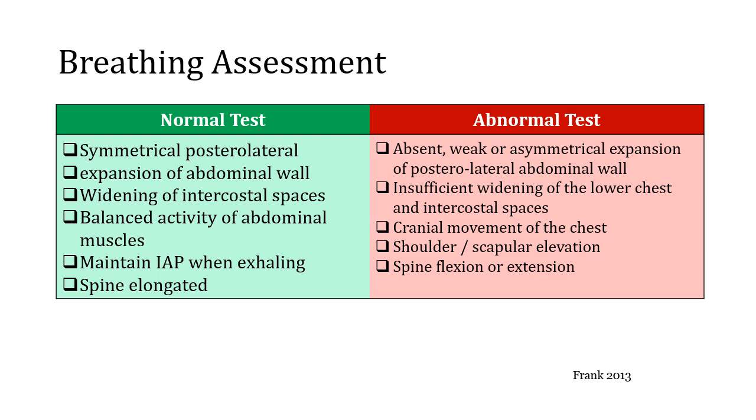Abnormal tests, so things that you may see with this assessment, is absent or weak or asymmetrical expansion of the posterior lateral abdominal wall, insufficient widening of the lower chest and intercostal spaces, cranial movement of the chest and/or shoulders and scapula elevation, and spinal flexion or extension with exhalation and inspiration respectively.